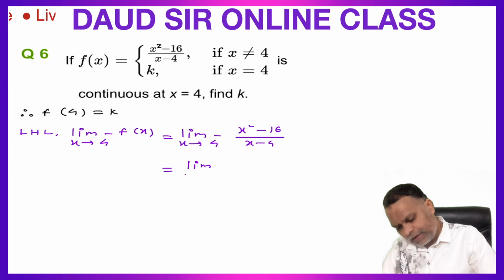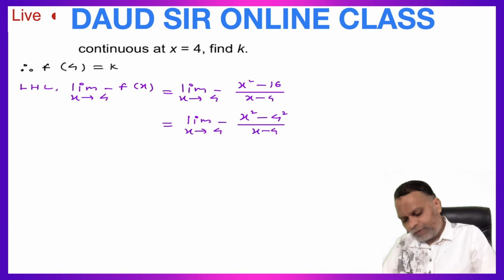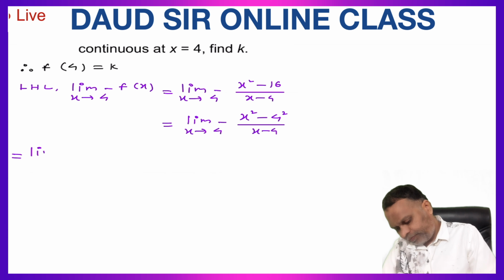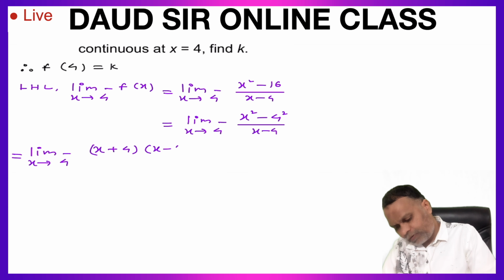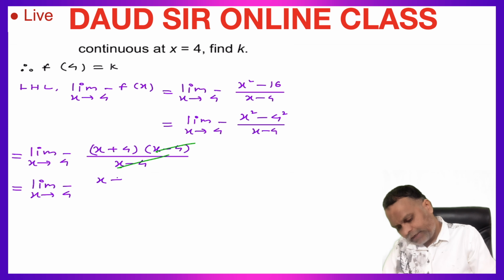Limit x tends to 4 minus x square minus 16, which can be written as 4 square, upon x minus 4, which is equal to limit x tends to 4 minus x plus 4 into x minus 4 by using the identity a square minus b square, upon x minus 4. This x minus 4 is cancelled. So limit x tends to 4 minus x plus 4.